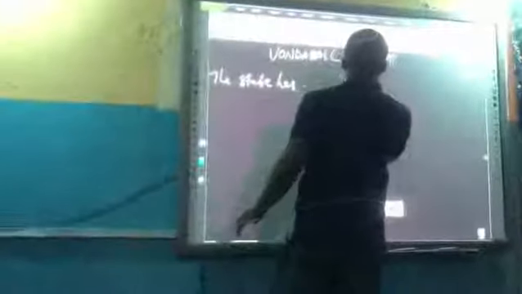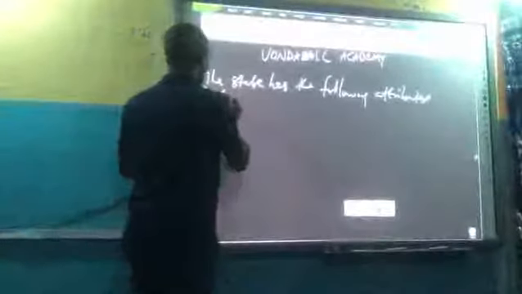The state has the following attributes, which we have already learned. Can you remind me of any of them? Number one, population. The state must have population.